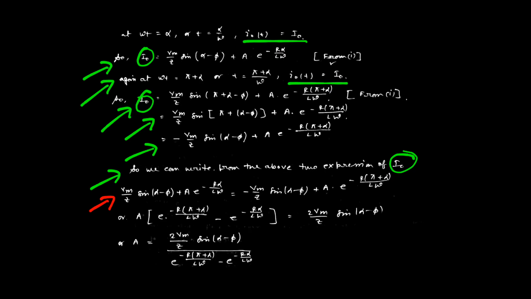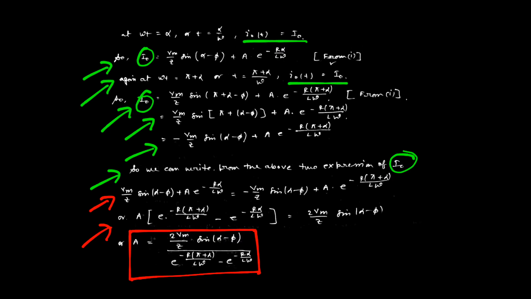After simplification, A into [e to the power minus R(pi plus alpha) by L omega minus e to the power minus R alpha by L omega] should be equal to 2Vm by Z sin(alpha minus phi). So ultimately we can find the expression of this integral constant A, defined by 2Vm by Z sin(alpha minus phi) divided by [e to the power minus R(pi plus alpha) by L omega minus e to the power minus R alpha by L omega].